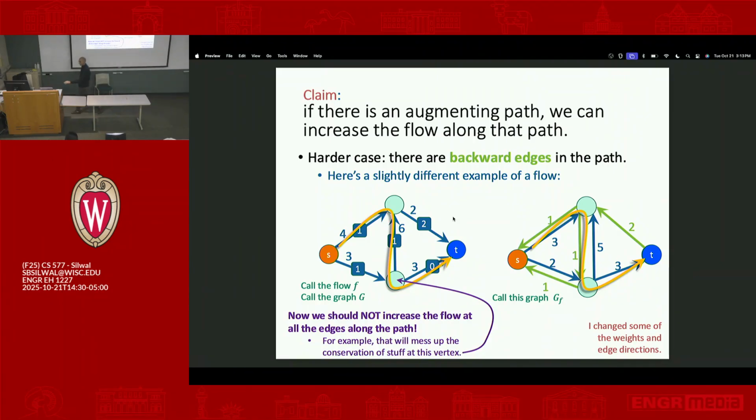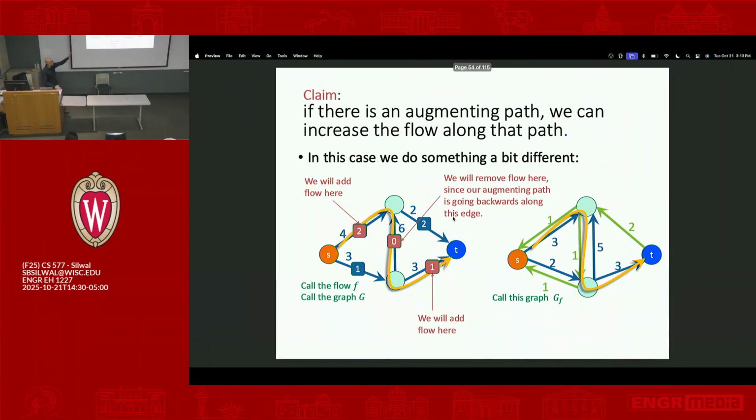What that means is on the actual graph that I have, the blue edges get a +1, and the green edges get a -1. I still need to explain why this is a valid thing to do, but at least what we did, does that make sense? On the green edges we canceled the flow, on the blue edges we added flow.